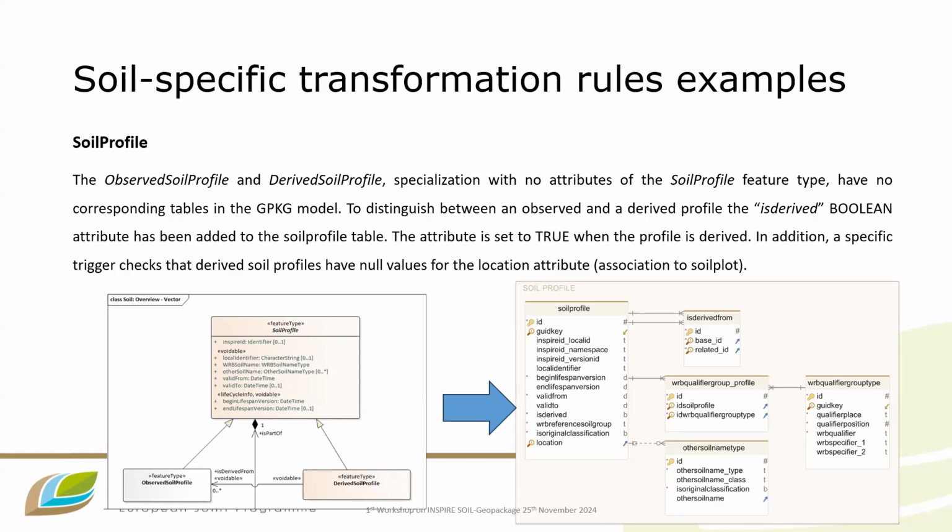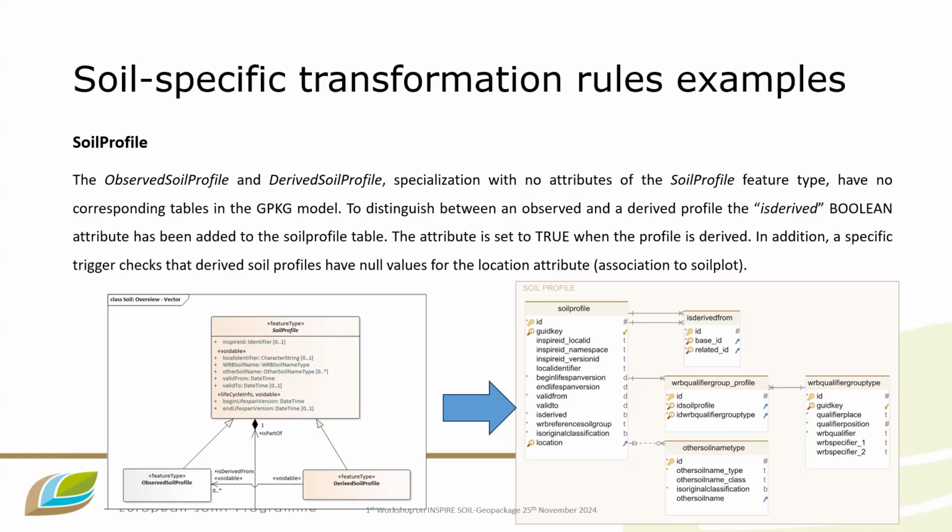How it works? We have the UML model, and we derive the GeoPackage model, that is a DB schema. So this is done from a theoretical point of view. We have the INSPIRE UML with the complex data types, nested attributes, and so on.